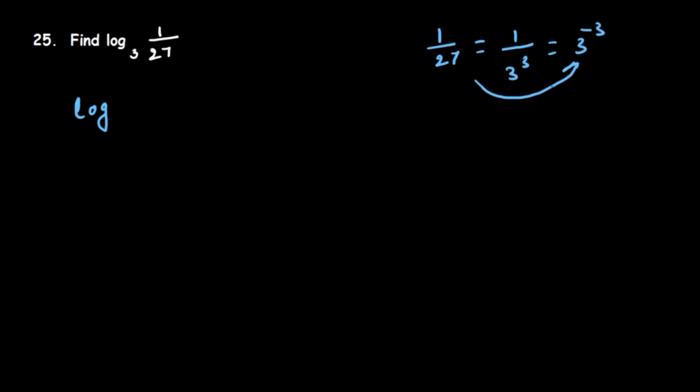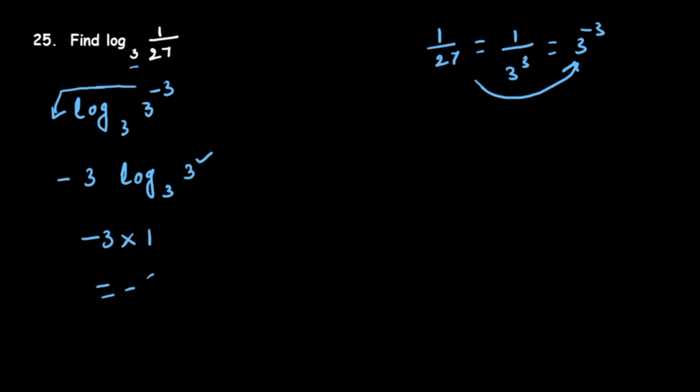We write 3 to the power of minus 3, and already we have base 3 here, right? Now you get this minus 3 here, because this is in the form of log x power m equal to m log x base a. So we get minus 3 log 3 base 3. Then log 3 base 3 is 1. So minus 3 into 1 equal to minus 3 is the answer.